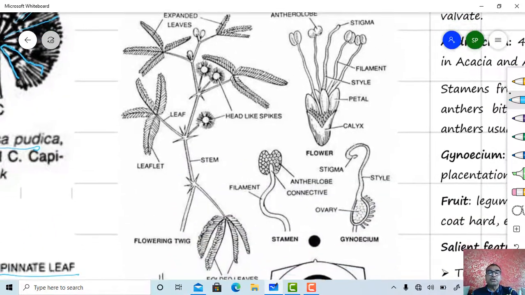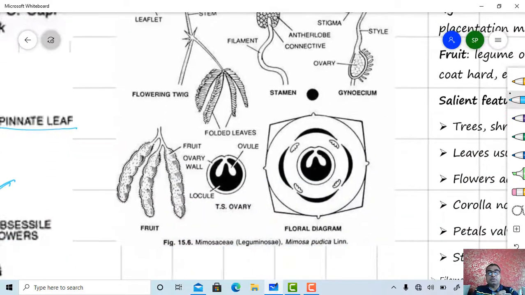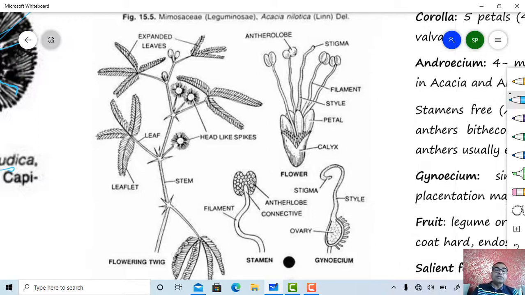Then this one is a figure of Mimosa pudica. Just see the habit, leaf, bipinnately compound. Then calyx, corolla, the whole gynoecium here. So this one becomes the style.